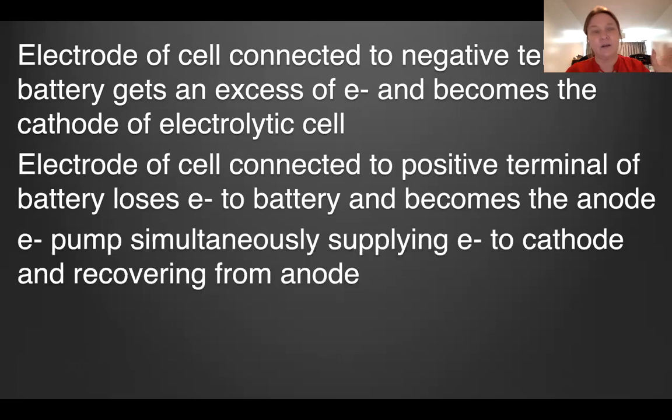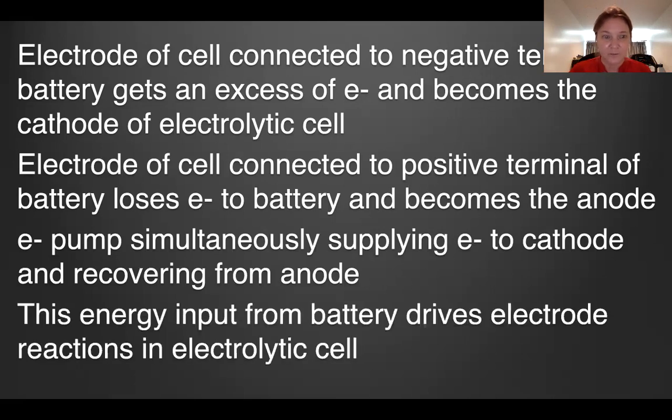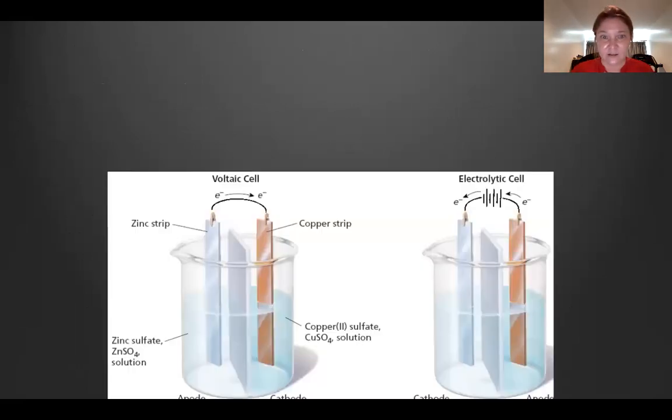So that's just a long-winded, complicated way of saying that the anode and the cathode are swapped between a battery, a voltaic cell, and an electrolytic cell. Electrons are pumped simultaneously, supplying electrons to the cathode and recovered from the anode. This energy input from the battery drives the electrode reactions in the electrolytic cell.